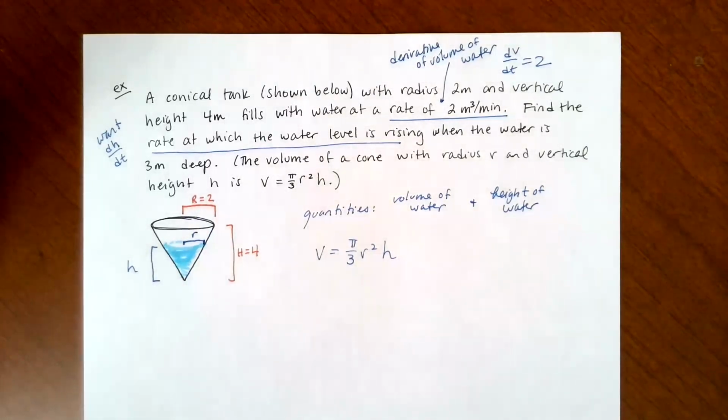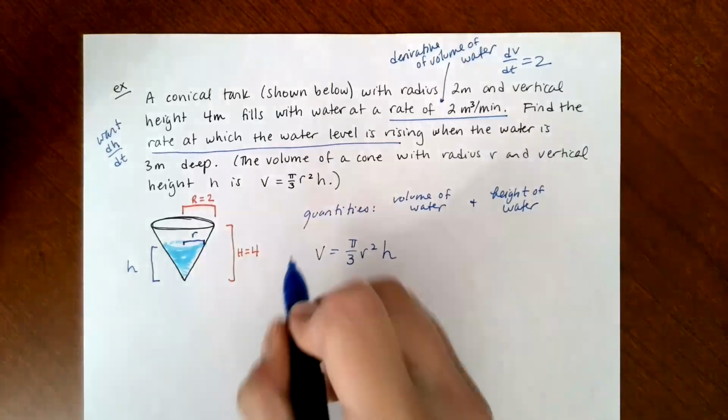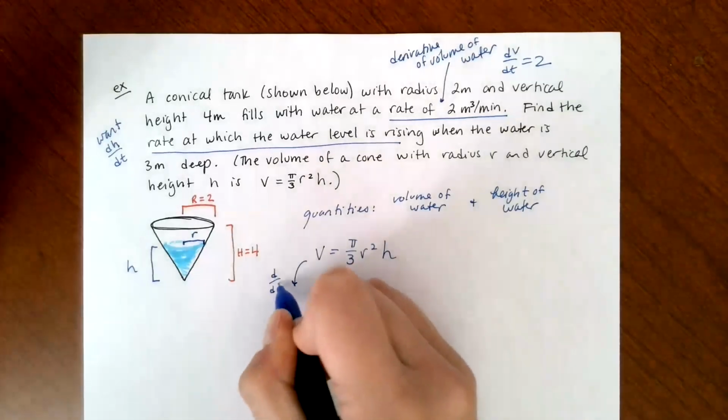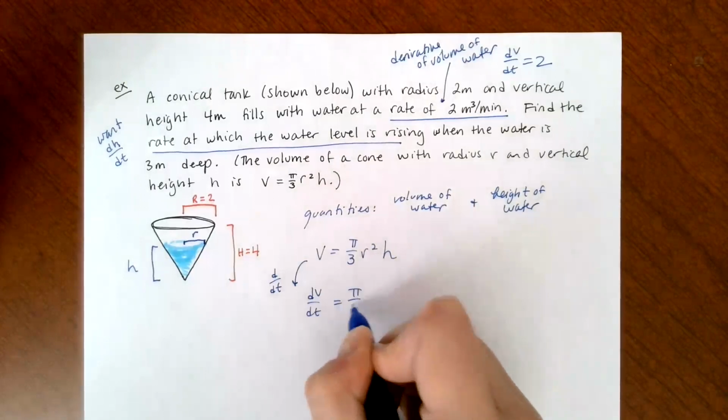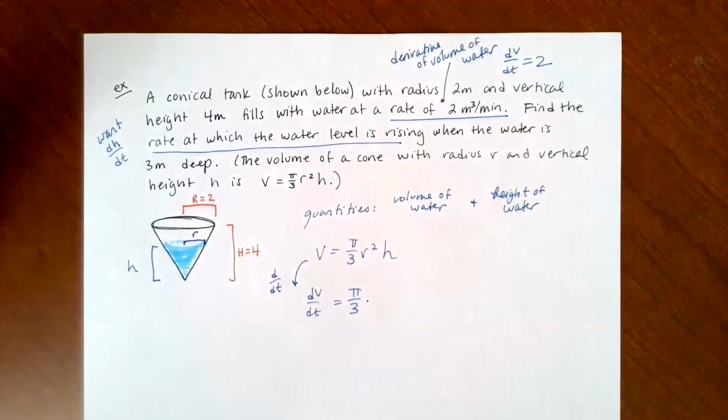Okay, now everything is changing. The volume, the radius, and the vertical height of this water cone is all changing. So there's nothing to be plugged in for right away. So we can differentiate this as is, but then we run into a fairly problematic roadblock. If we differentiate from here with respect to t, that's kind of our normal thing. We would have dV/dt on the left, pi over 3 carries down.